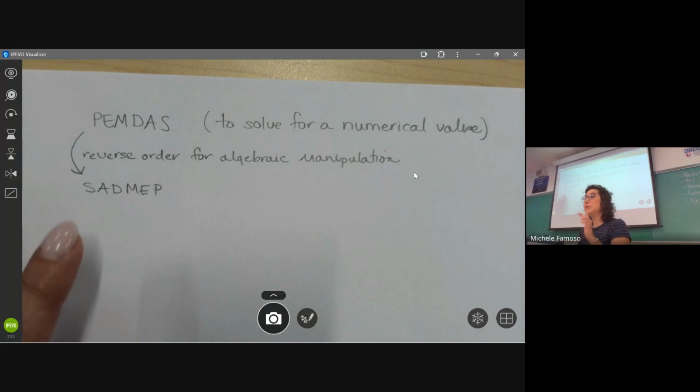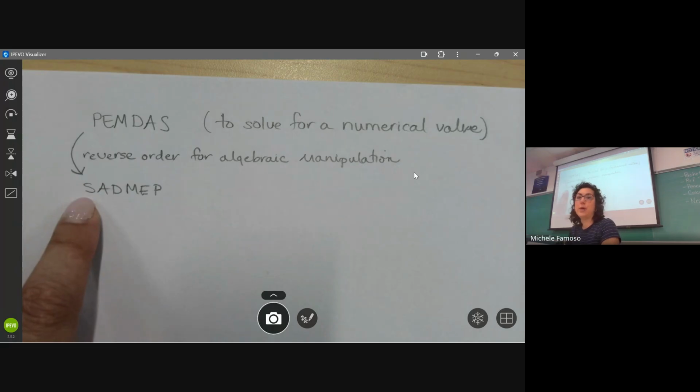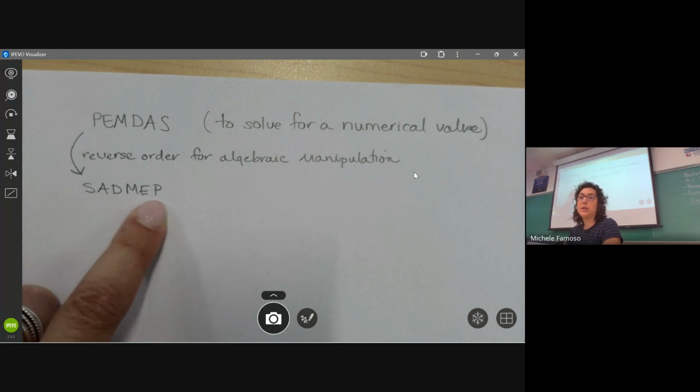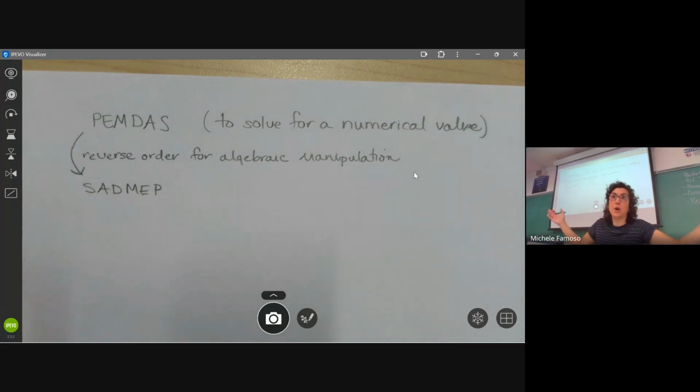But if I'm doing this to solve for an algebraic variable, I have to do it in the opposite order, which means I need to undo any additions or subtractions first from left to right. Then I would tackle any divisions or multiplications doing the opposite of those. Then I would undo the exponents, and then I would undo the parentheses in that order. We always start the inside and we work our way out, in other words.